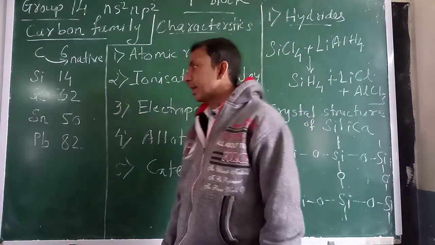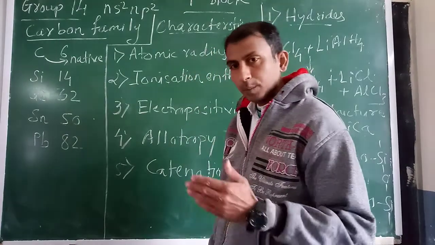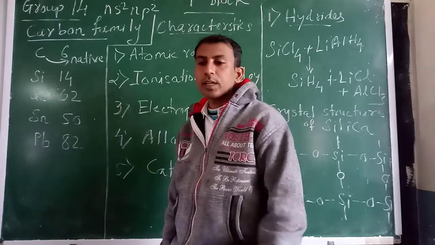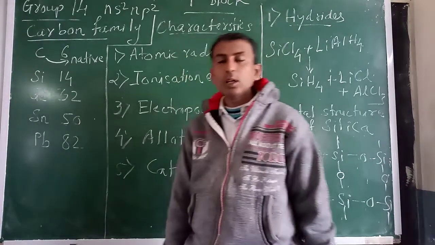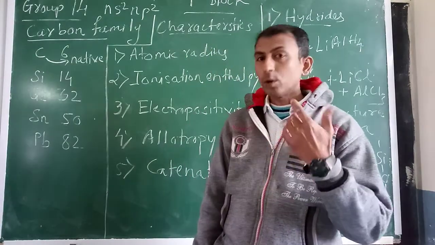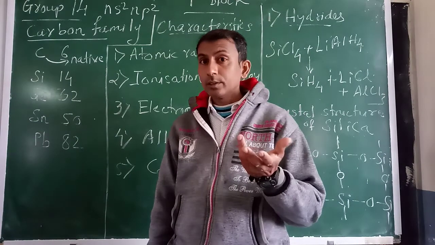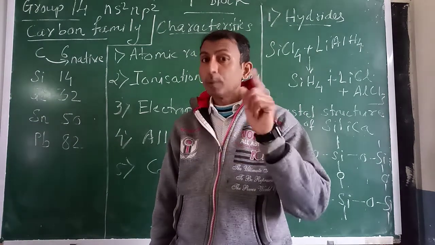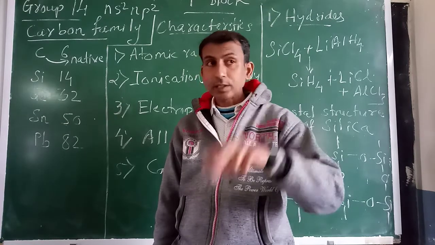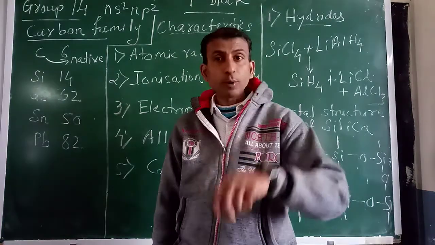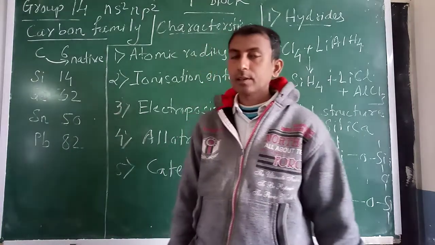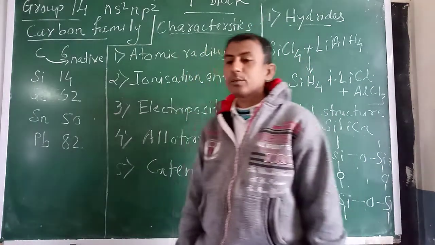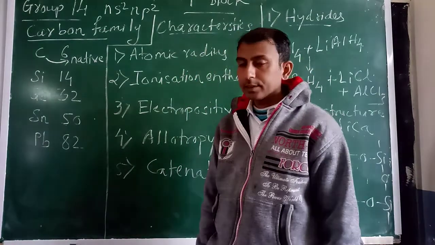Following the pattern of the chapter, now we have some important compounds of carbon and silicon. For these compounds you have to study the name of the compound, the molecular formula, two preparation methods, chemical properties, and uses.